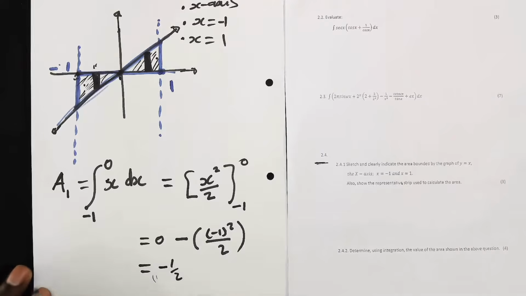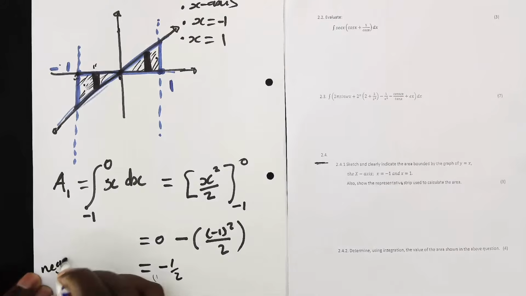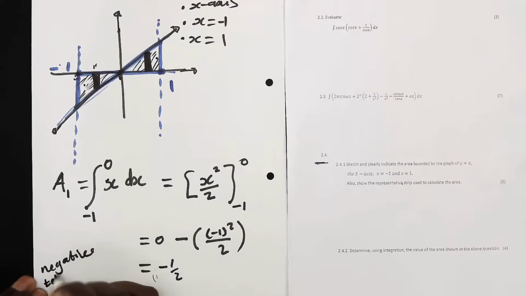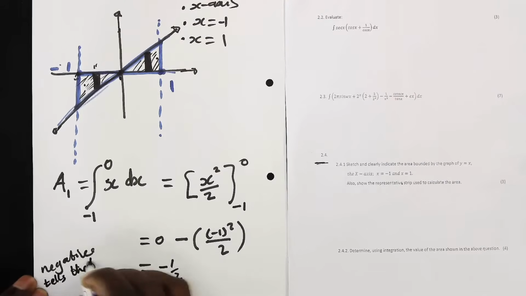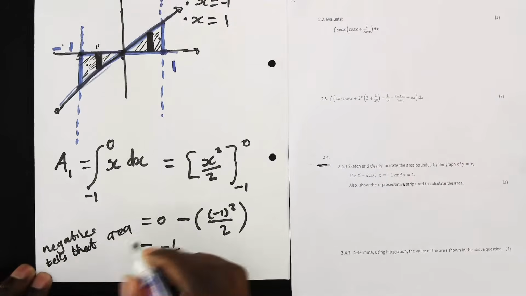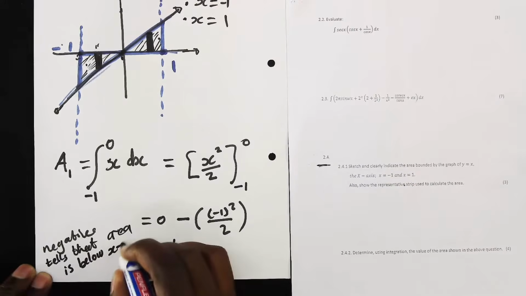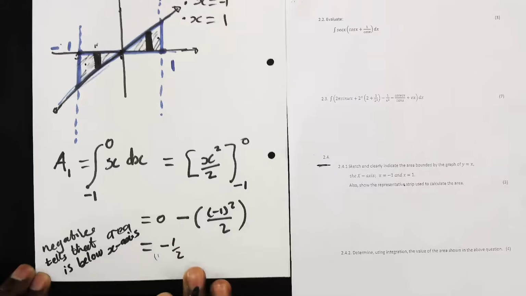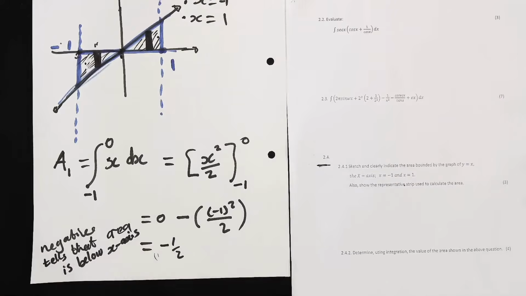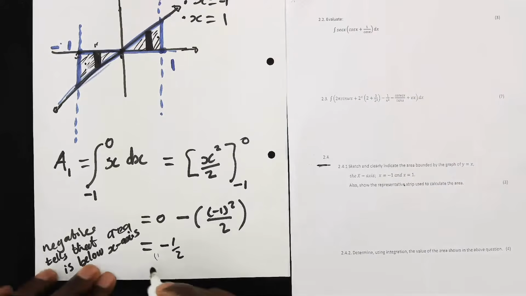So I repeat, the negative sign tells or shows that the area is below the x-axis. So that's what it tells. When you have that negative half, it is below the x-axis.